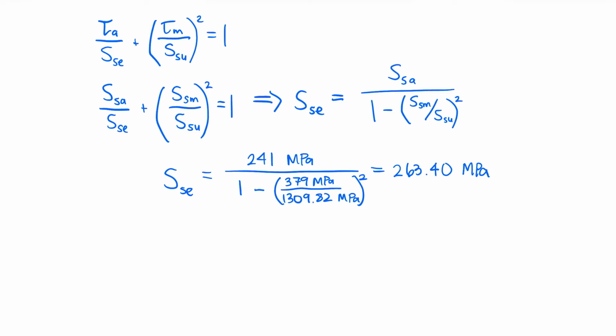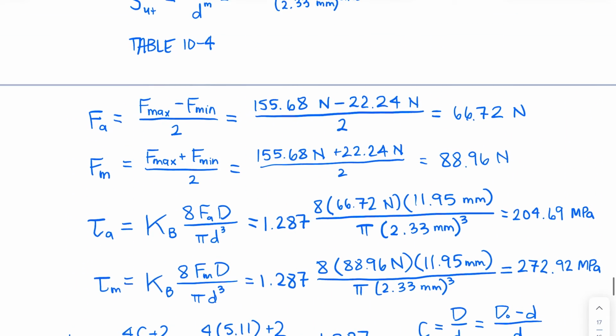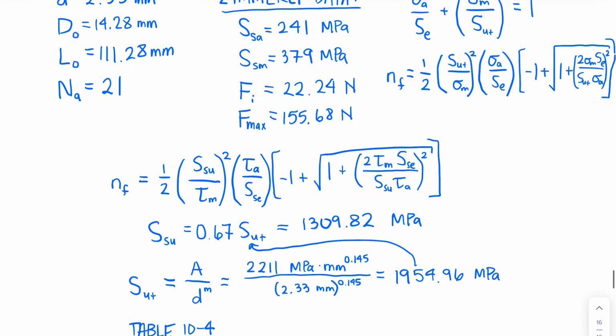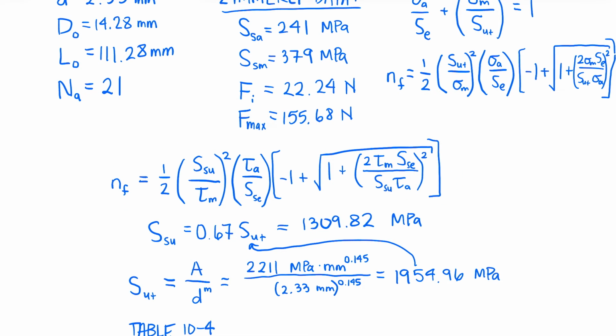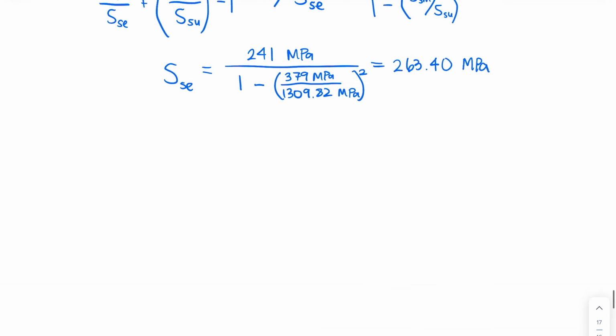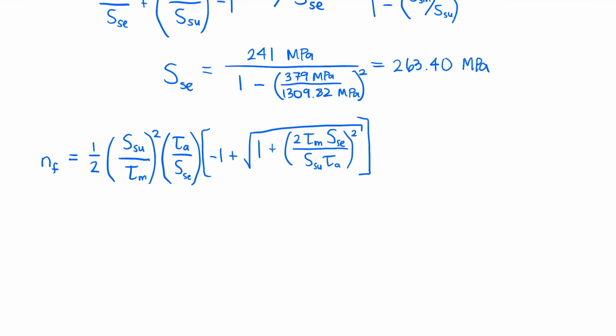Okay, and with that, we are ready to plug everything in to this equation at the top and finally solve for our safety factor. Okay, so let's do it. It's equal to 1/2.